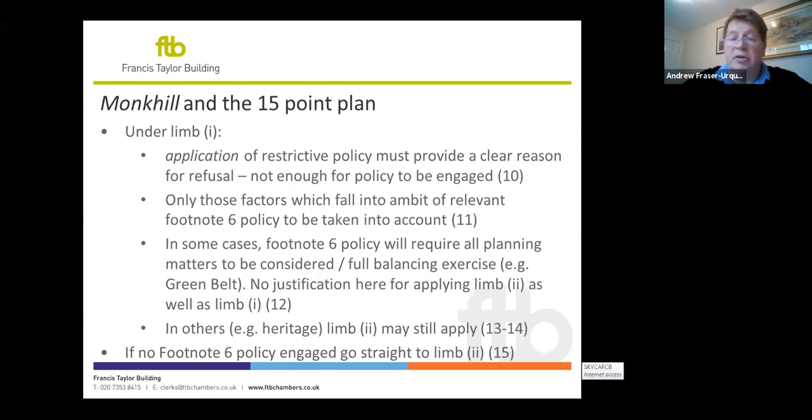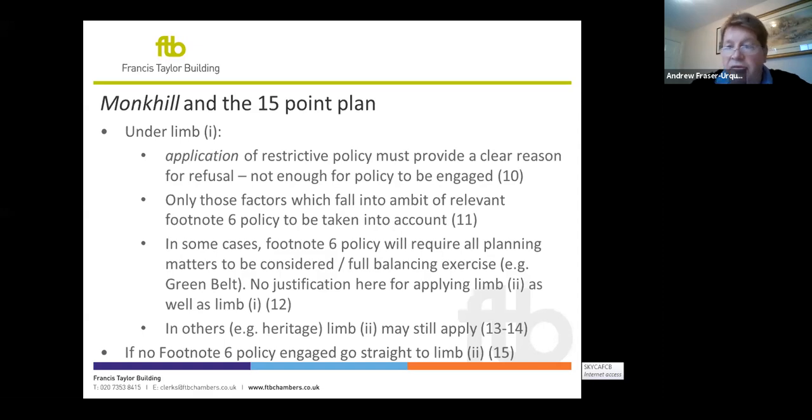So for example, with a heritage asset to which there is less than substantial harm, that policy, as you'll recall, allows for a public interest test. You've got to work through that public interest test and see whether the effect of it is to say that the proposal fails the public interest test. In that case, the less than substantial harm of itself is enough to justify a refusal of planning permission. In that case, that's your clear reason. That's Limb 1 applied. End of story. Paragraph 2, the tilted balance doesn't arise.